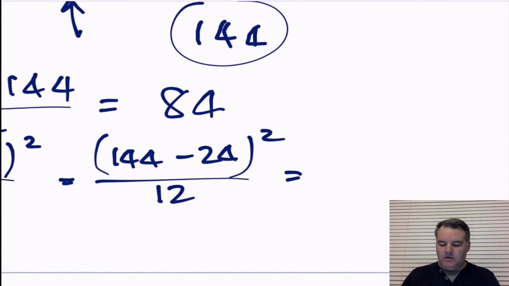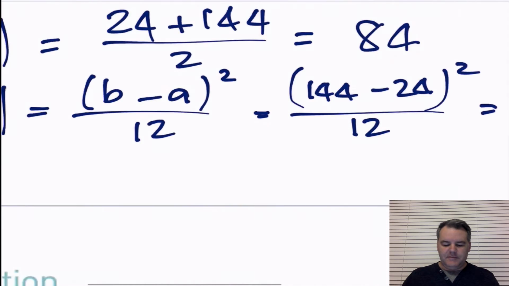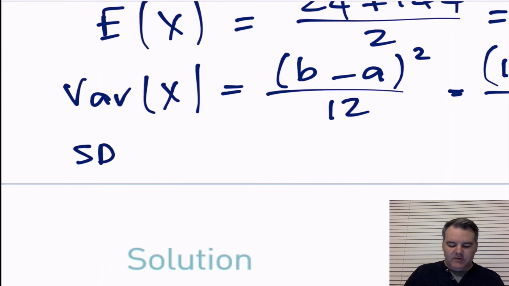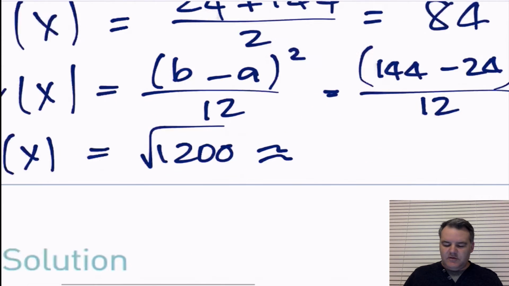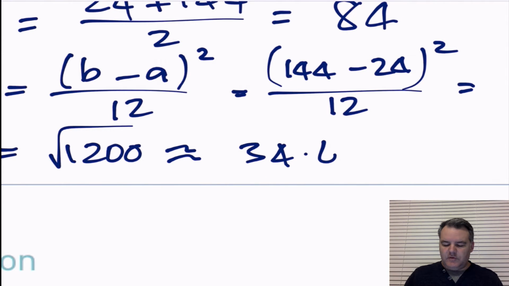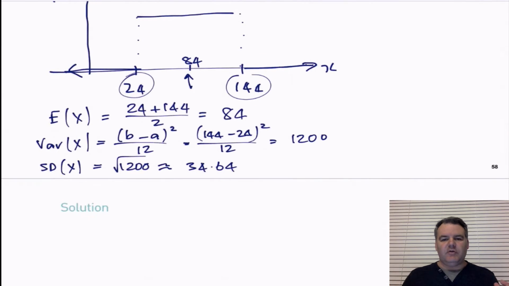And if you do that on your calculator, you should get 1,200. So the standard deviation of x is just the square root of 1,200, which is around about 34.64. So that's the results for x.